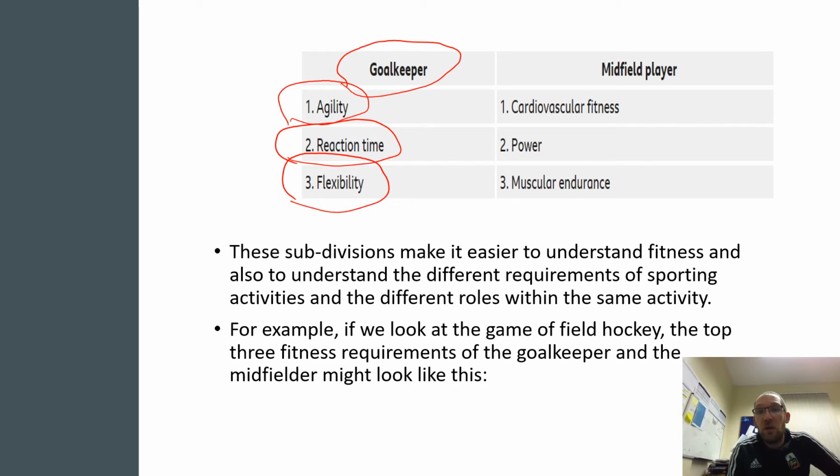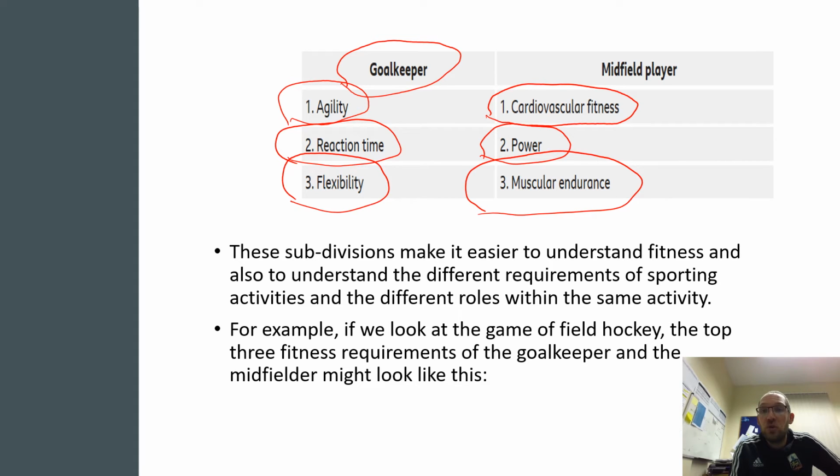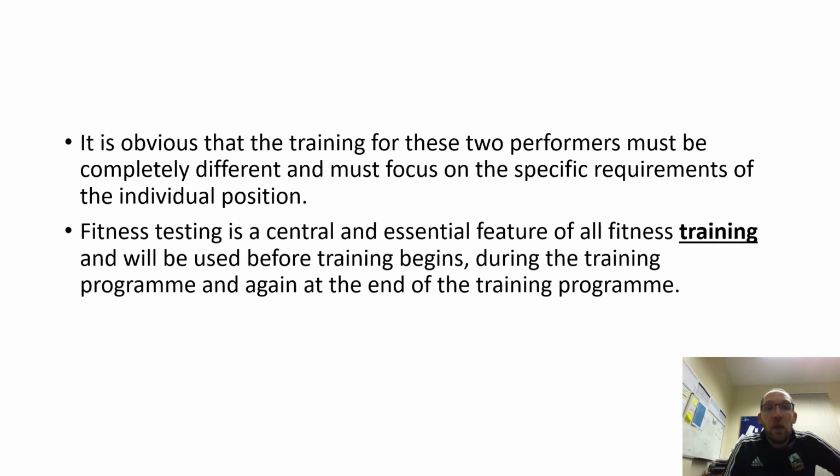Now, someone who plays in the same game but a different position might need good cardiovascular fitness, good power and good muscle endurance. So different positions in a game can have different components. It is obvious that the training for these 2 positions must be completely different and must focus on the specific requirements of the individual position.